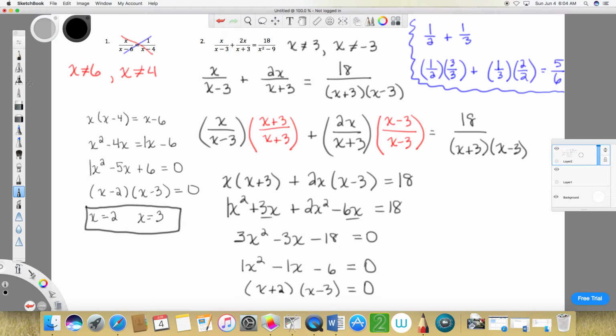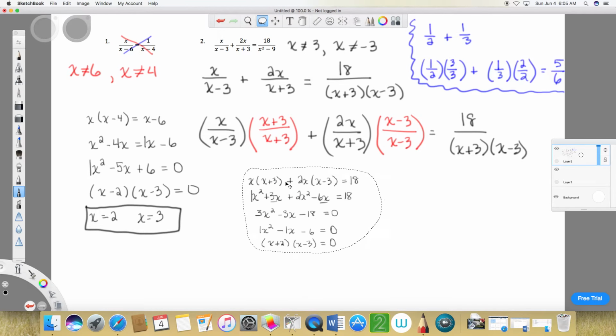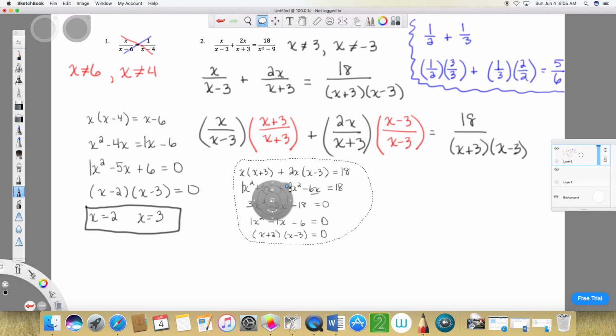And let's shrink this up. So we have possible solutions now of x equals negative 2 and x equals 3. Those two are solutions to this quadratic equation.